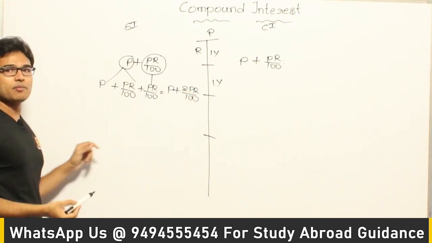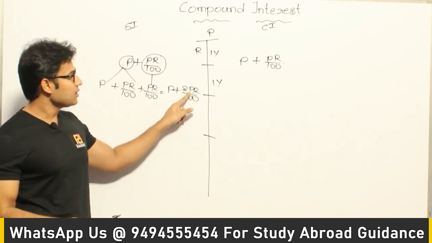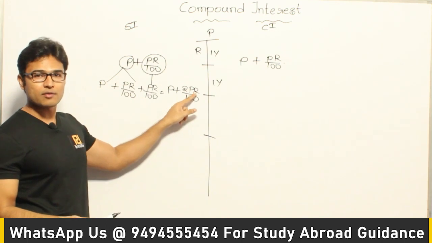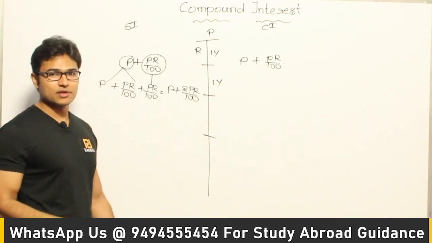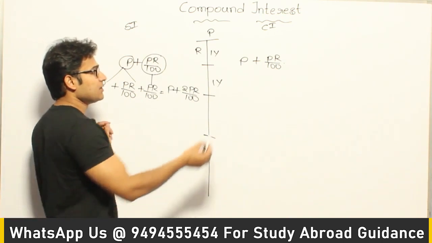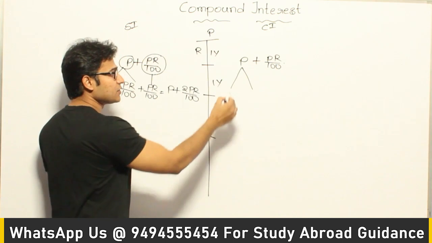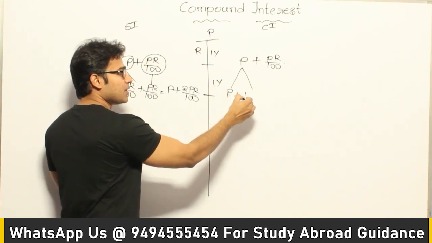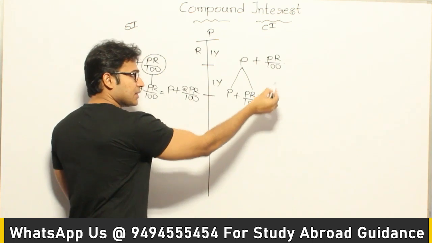So even if you compute it using the formula PTR, where time period is 2 and R by 100, that is the simple interest. Got it? Now on the other side, if you see the way it is growing, this one is going to grow by a rate of R%, which means principal is going to become P into R by 100 plus this one.